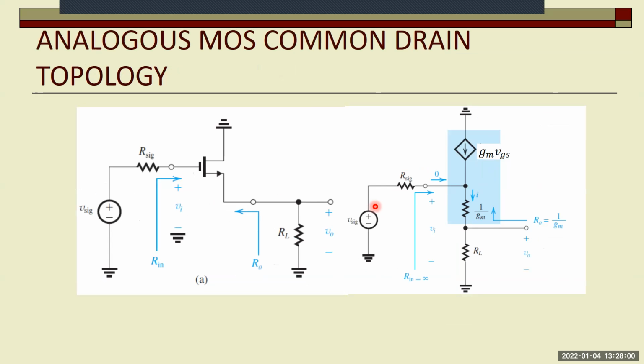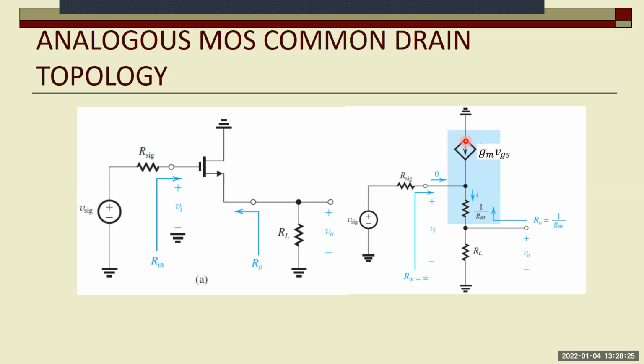So, the analogous common drain topology. Input is applied into the gate, output is from the source. If there is no source resistor, then we basically have the load resistance connected to the source.